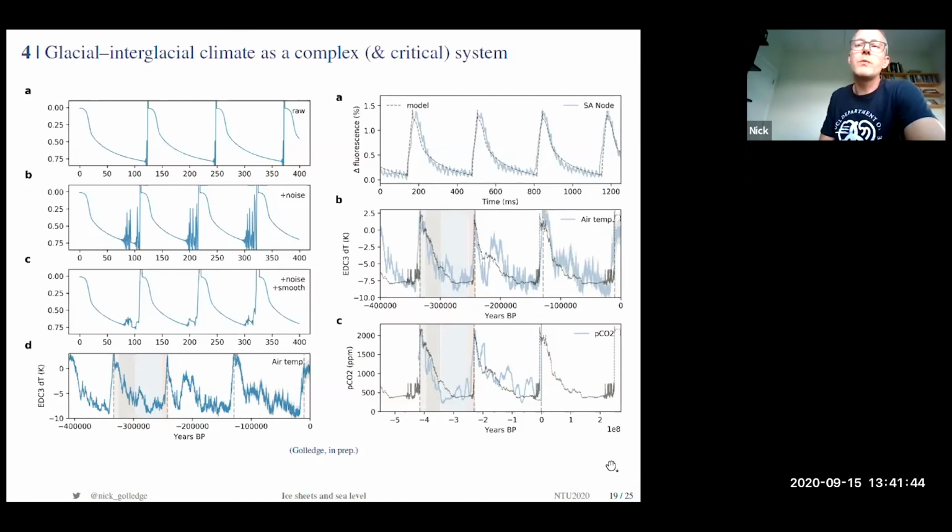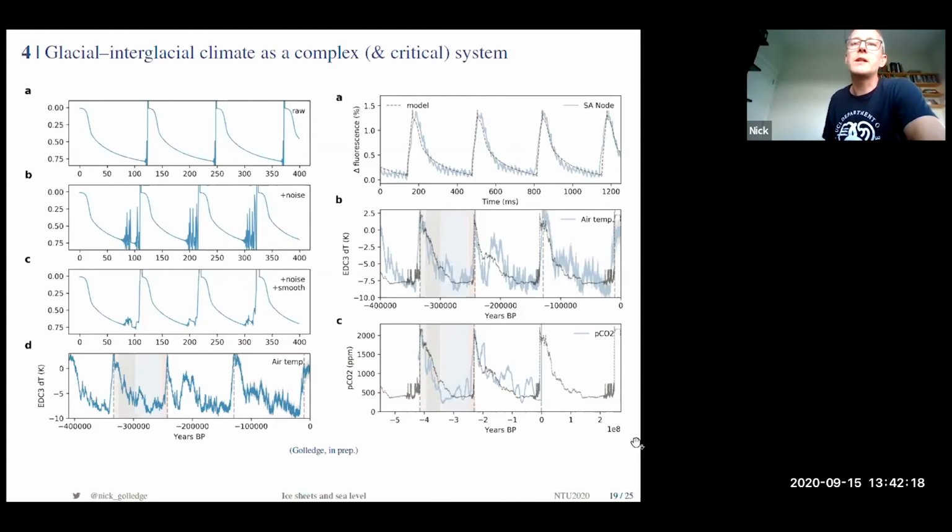So I think there's an argument here to say that these late Pleistocene glacial cycles behave as this kind of critical system. Now, what's really interesting is the panels on the right-hand side. The middle panel is that Antarctic ice core record, with the grey line being the modeled relationship. On the bottom is that CO2 relationship that I showed you right at the beginning, covering 400 million years, so a very different time scale.